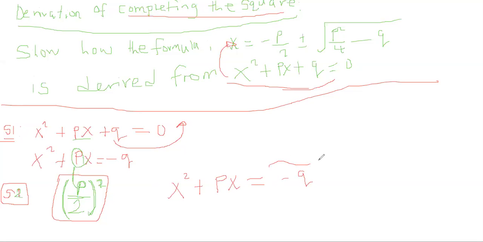Here we call this the right-hand side of the equation, and here we call it the left-hand side of the equation. This term that we just established, you will add it to the left-hand side of the equation. You add it here also. I hope that is clear.